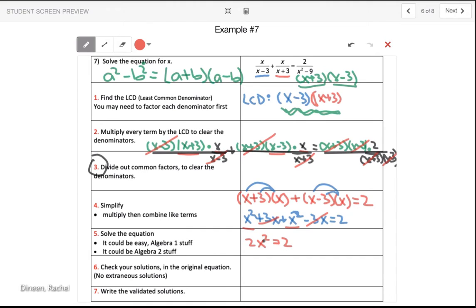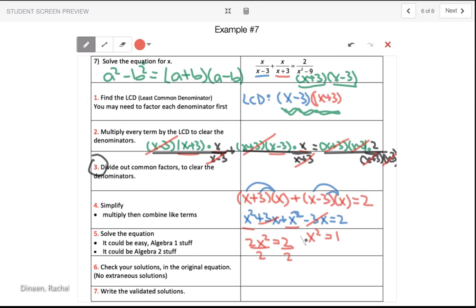So I have an x squared term, so we have to think back to what we learned last unit. We could use the quadratic formula, or we could solve by taking the square root. I'm going to choose solve by taking the square root because it's much faster. So when we solve by taking the square root, we have to isolate the x squared. So I'm going to divide both sides by 2, and I get x squared equals 1.